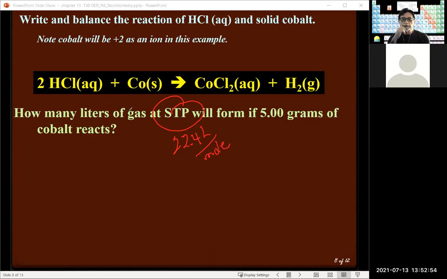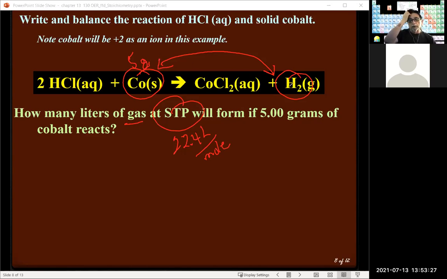Second one, we got 5 grams, and they're asking how many liters of gas? Well, the only gas that you're going to make here is obviously hydrogen gas. Okay. And so that's who we're dealing with right here, between cobalt and hydrogen gas.